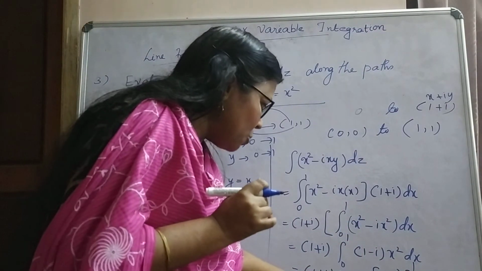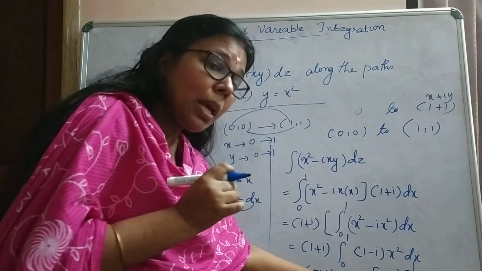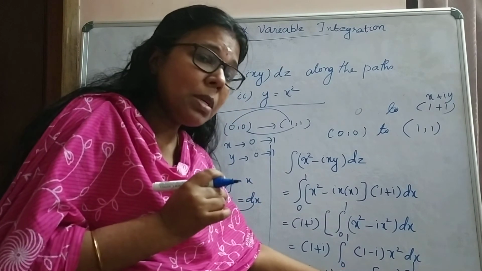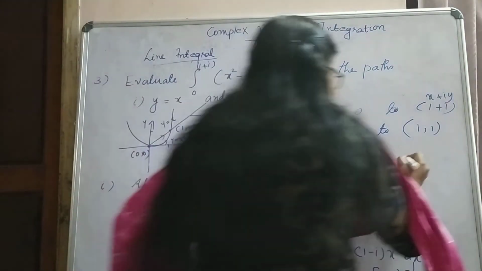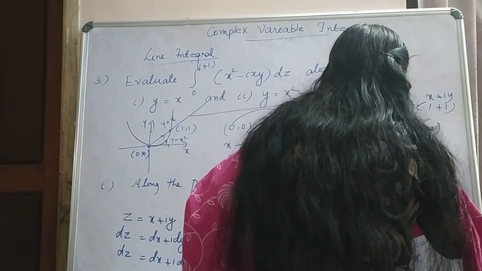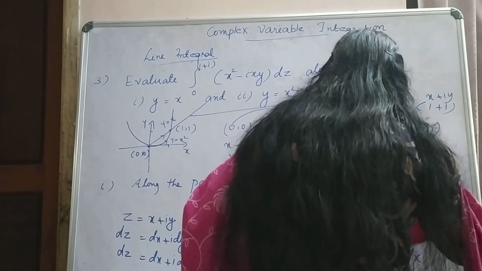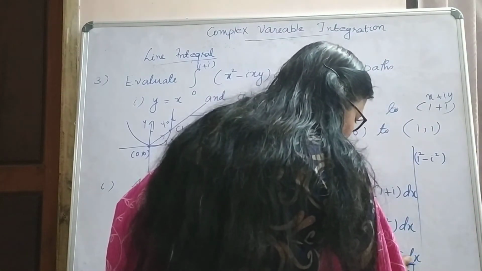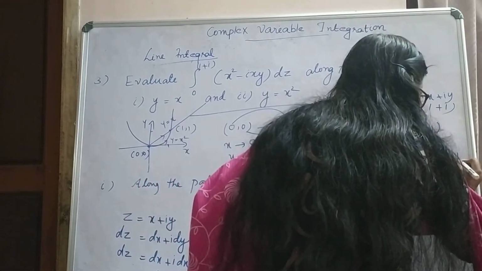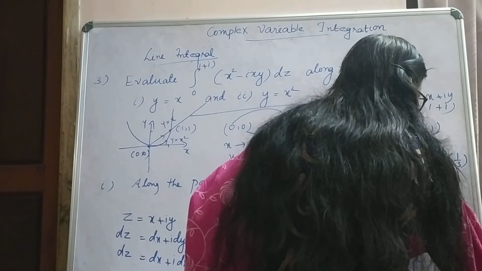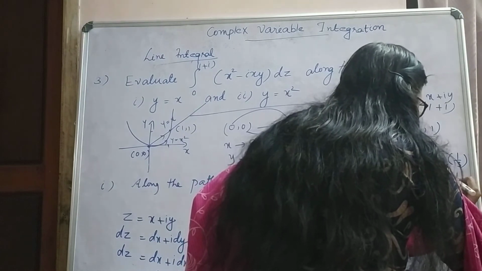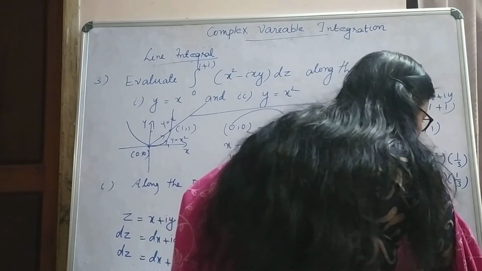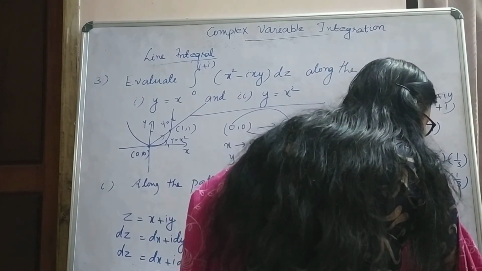Then 1 plus i into 1 minus i is a plus b into a minus b, that is a square minus b square, which is 1 square minus i square, into, by applying the upper limit 1, 1 by 3. 1 square is 1, also i square is minus 1, so 1 minus minus 1 is 2, into 1 by 3. Here we get the answer as 2 by 3.